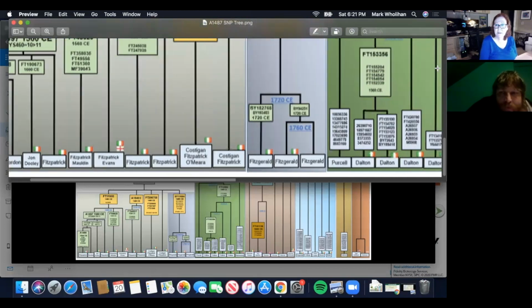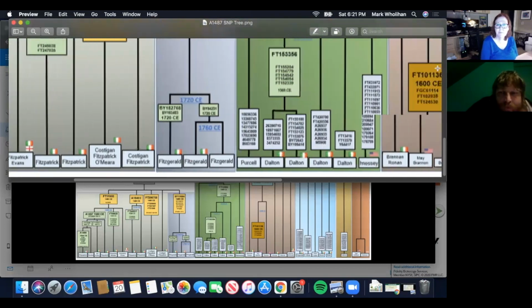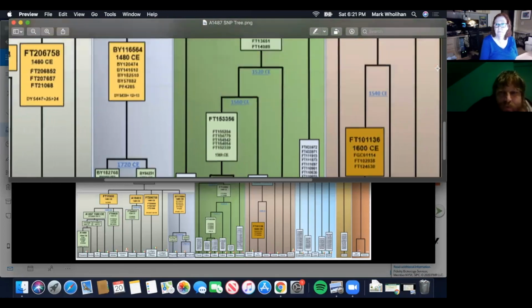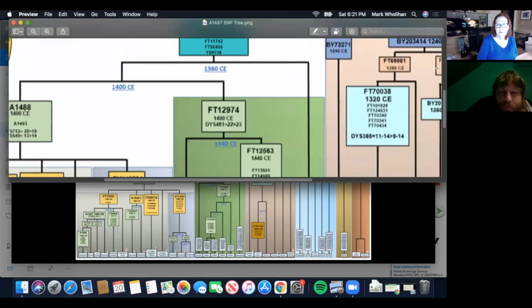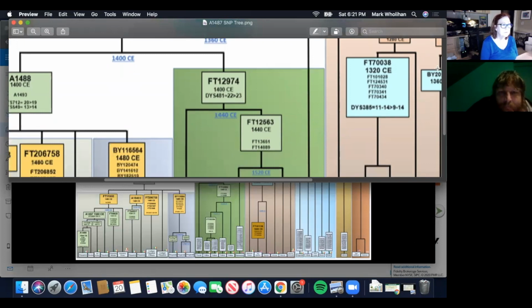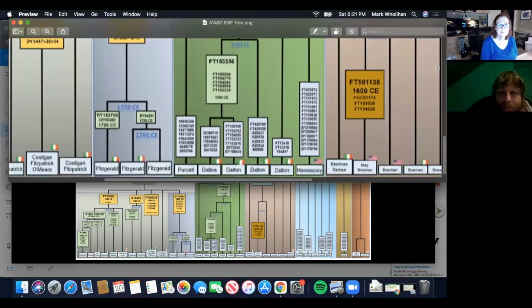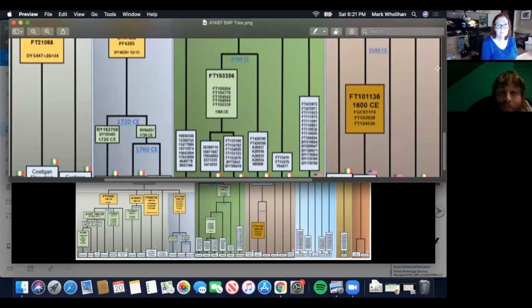What's nice is that it's got estimated time frames. That's what the numbers in blue are. 1560, huh?